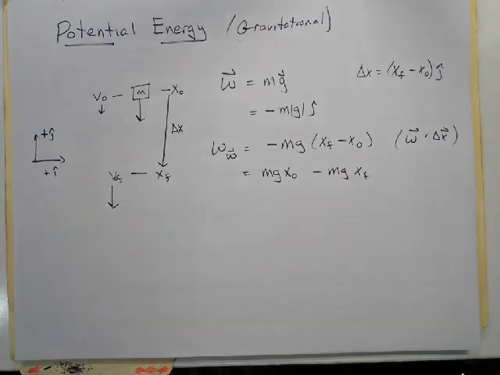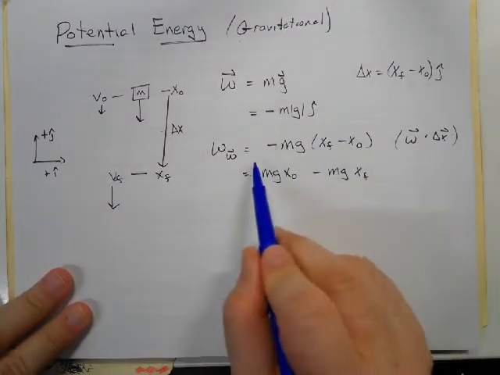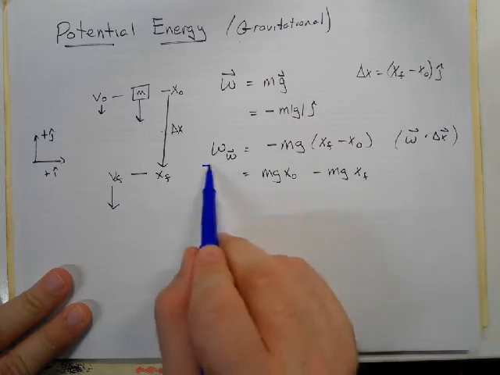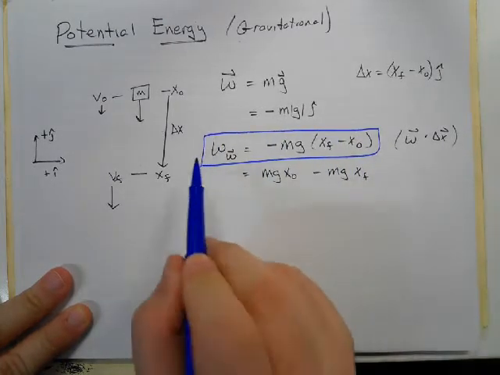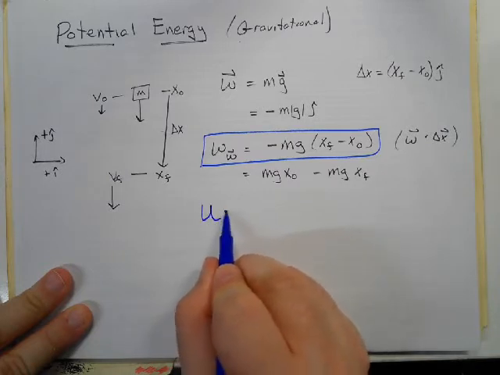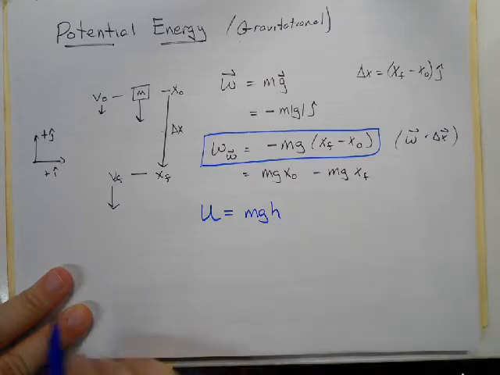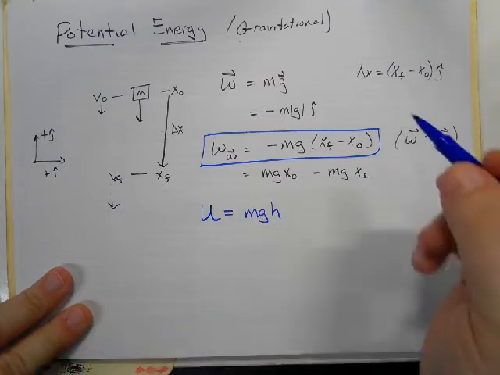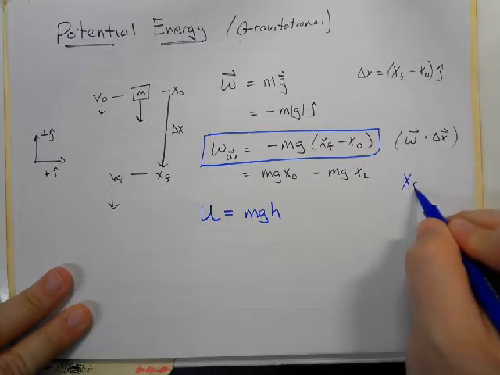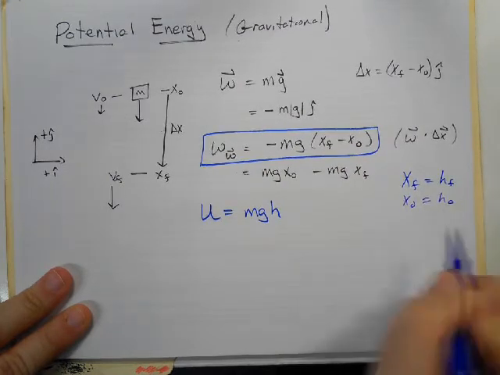Now, it makes more sense to leave it to look like this up here. And what we're going to do is define our potential energy as mgh. Or what we'll do is we'll say x final is h final and x initial is h initial.